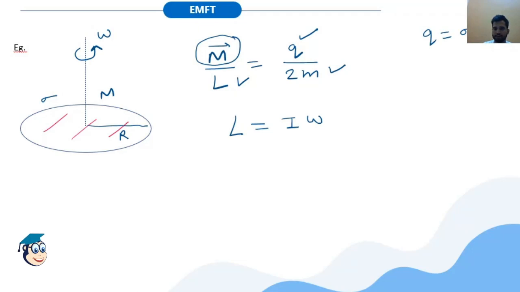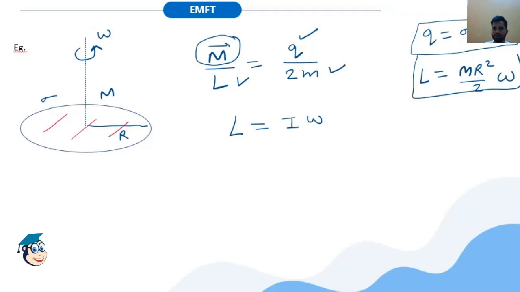So this is Q, the charge of this disk. Also, the angular momentum L is equal to I times omega, where I is the moment of inertia of this disk, and we know the moment of inertia of a disk is m r square divided by 2, and omega remains omega.